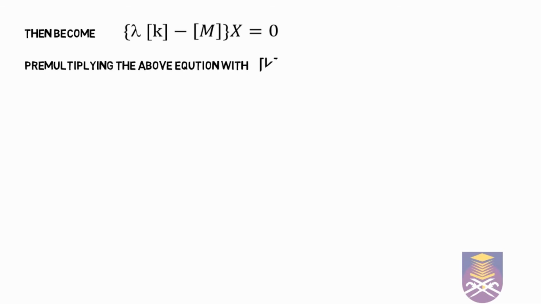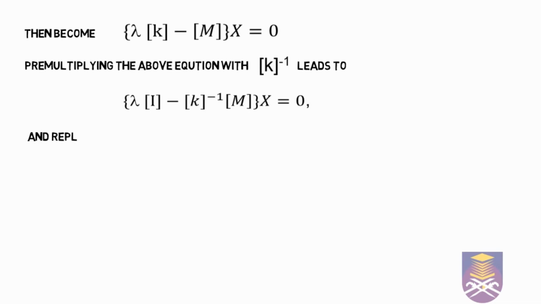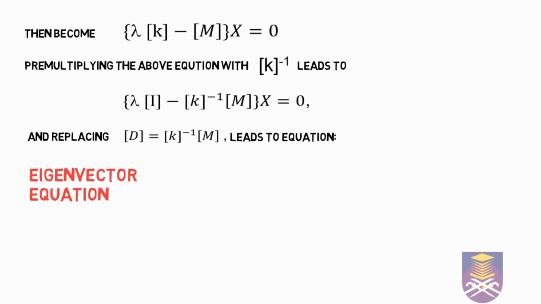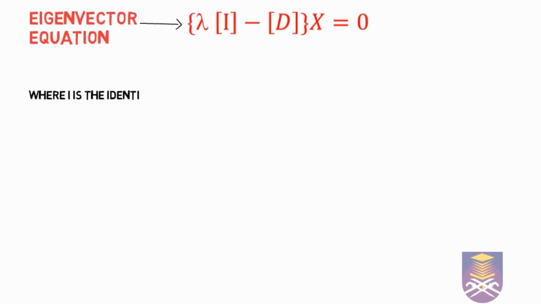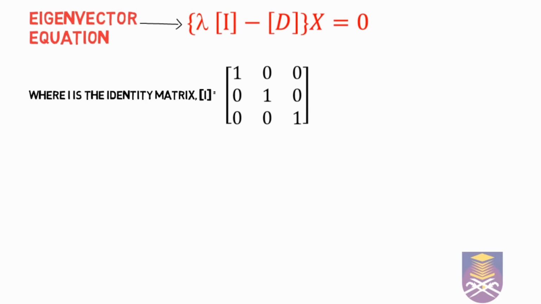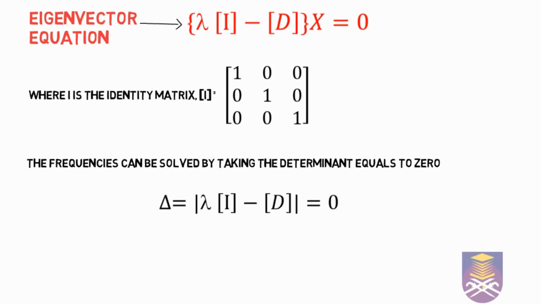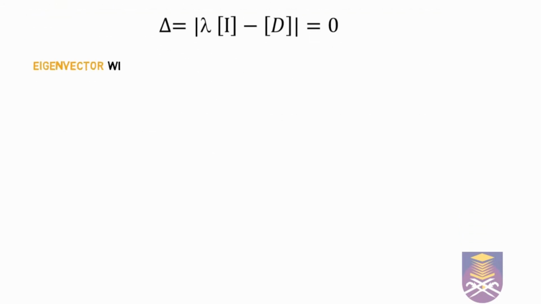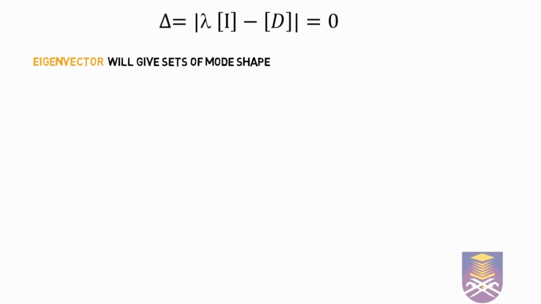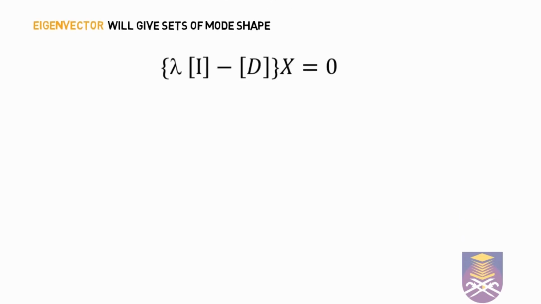Pre-multiplying the above equation with K to the power of negative 1 leads to (lambda I minus K to the power of negative 1 M) X equal to 0. Replacing D as K to the power of -1 M leads to the eigenvector equation, which is (lambda I minus D) X equal to 0, where I is the identity matrix. The frequencies can be solved by taking the determinant equal to 0. Eigenvector will give sets of mode shapes.